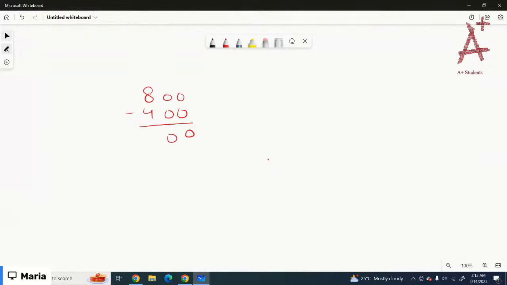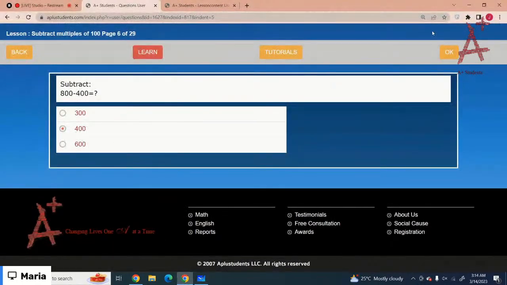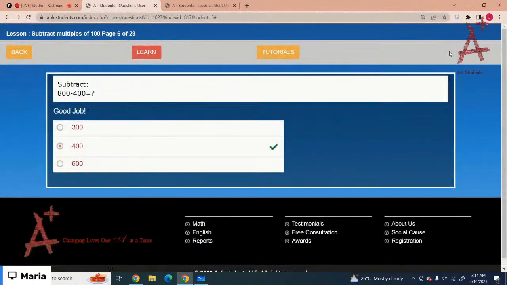So 8 minus 4 is 4. That means 800 minus 400 equals 400. So the correct option is 400. Just select the correct option, then click on the OK button.